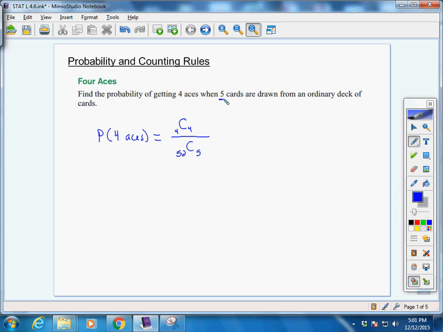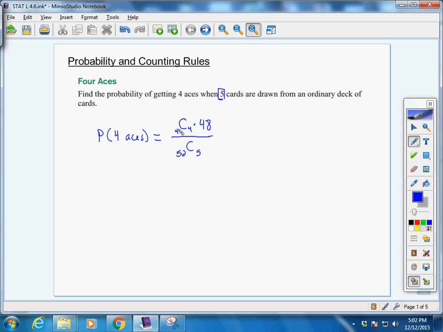But there's 5 cards drawn. If 4 of them are aces, how many choices do we have for the 5th card? Well, there's 52 cards, so 48 of them. We have 48 choices for our last card. So again, we're drawing 5 cards and we want 4 of them to be aces.